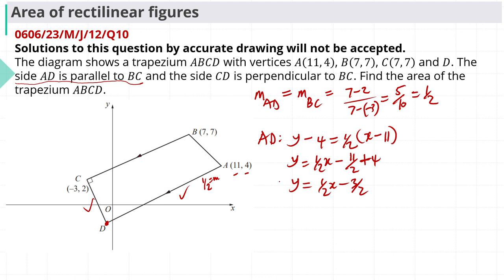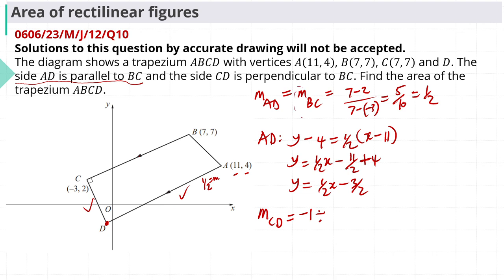Okay, so now finding the equation of line CD, what do we do? We don't know the gradient of CD, so let's find it. Gradient of CD is minus 1 divided by the gradient of the other line BC, which is perpendicular to it.